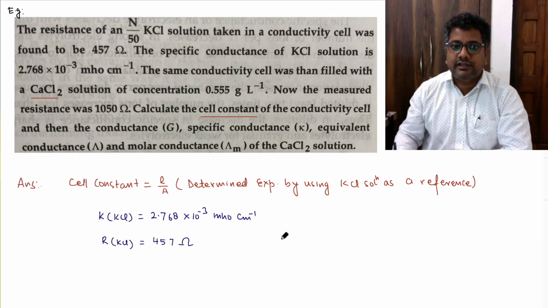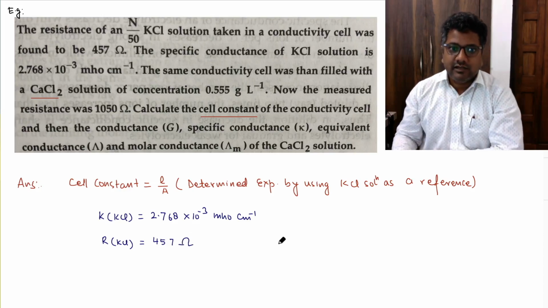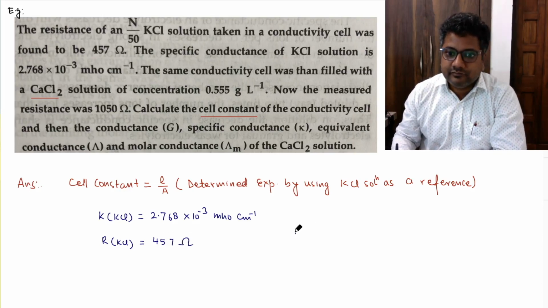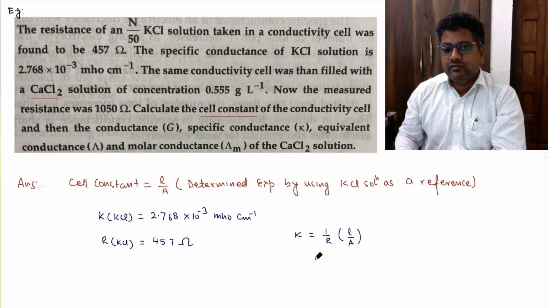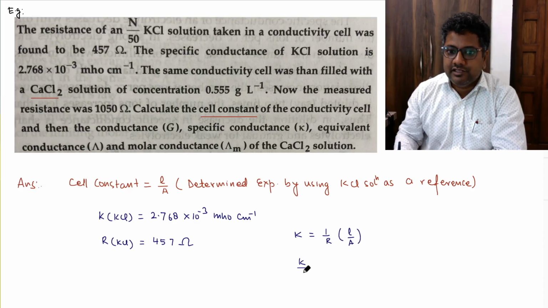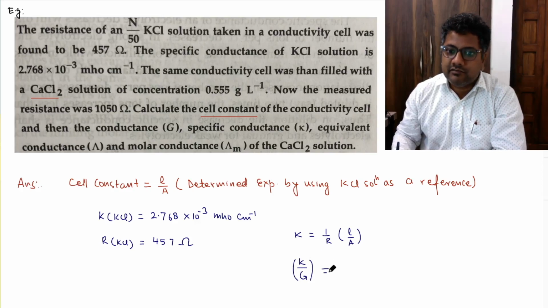So you can write here kappa is equal to 1 by R into L by A. So kappa by G is equal to L by A. That is the cell constant.